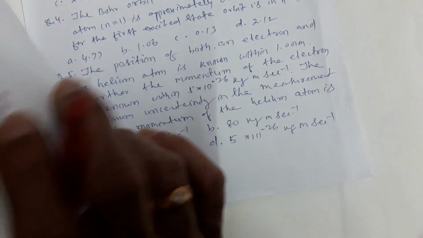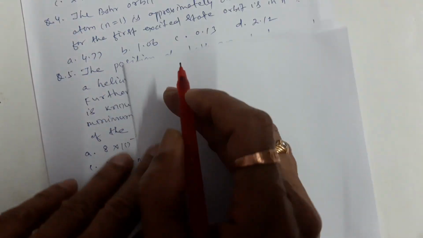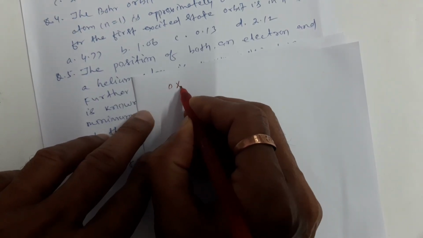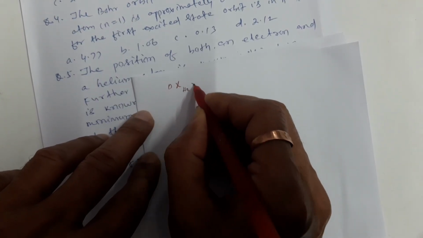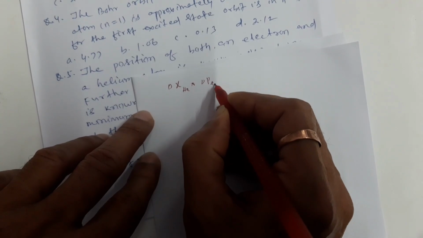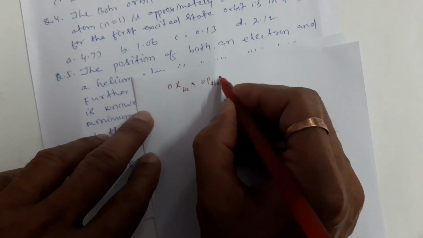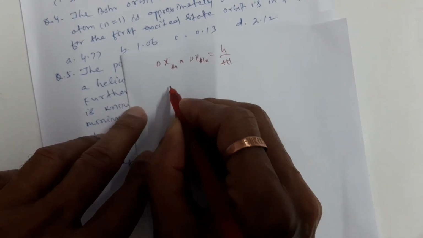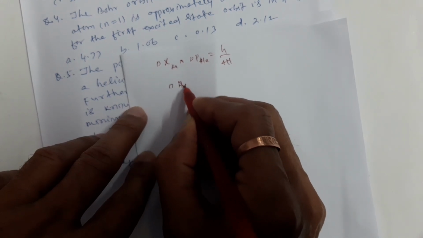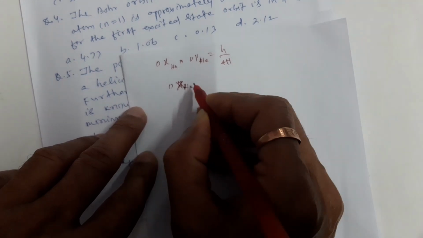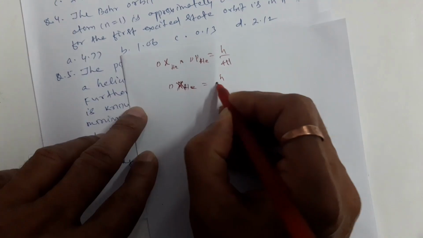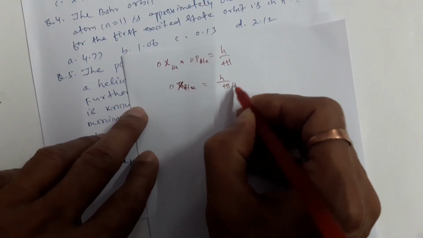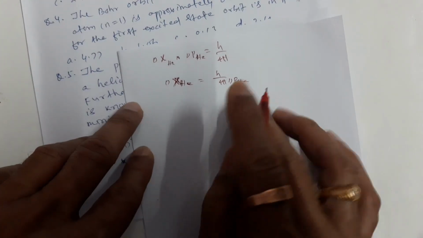Yes, and we know delta x of helium multiplied by delta p of helium is also equal to h by 4 pi. So delta x of helium is equal to h by 4 pi delta p of helium.